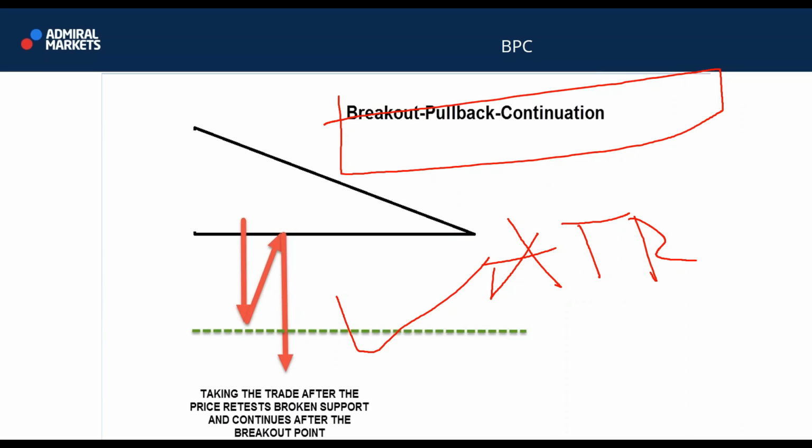The chance is that you will be trapped in a trade and that you will need to cut your profits short, or eventually you will need to close your trade at a small loss because it's a ranging market. So I don't really like to trade range markets with the breakout, pullback, or BPC pattern.